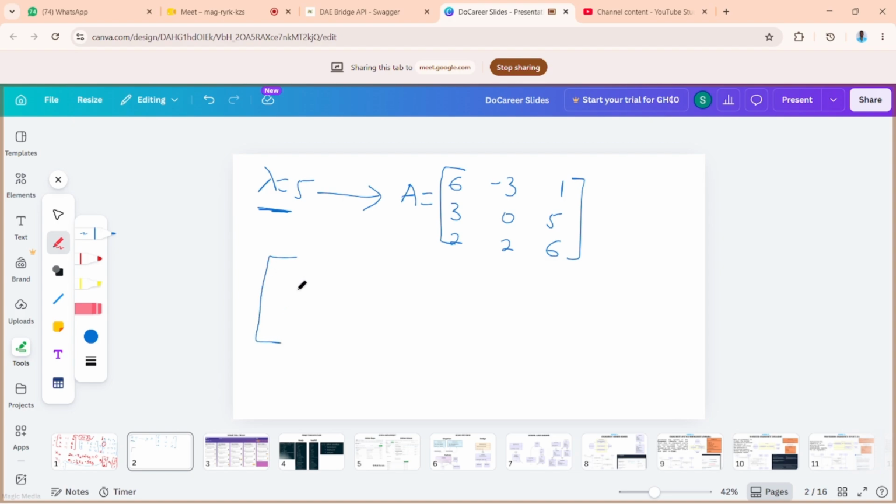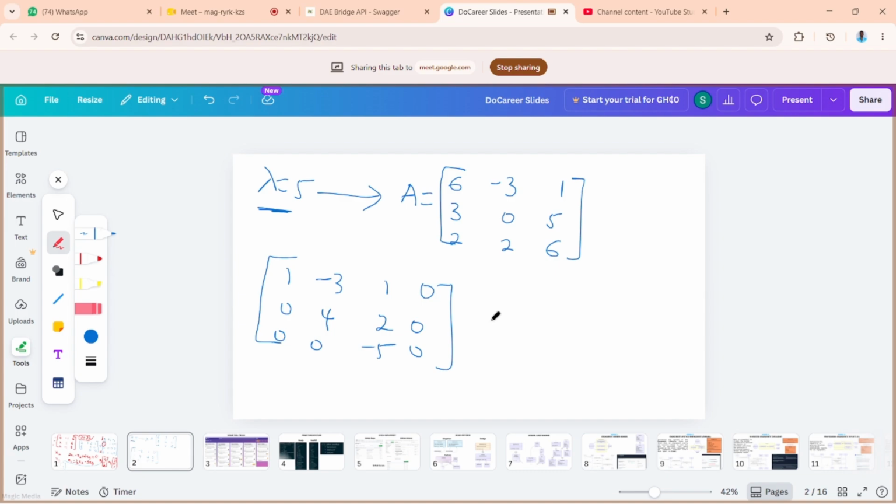My REF is 1 negative 3 1 0, 0 4 2 0, 0 0 negative 5 0. Okay, so this is what you have. So negative 5x3 is equal to 0.